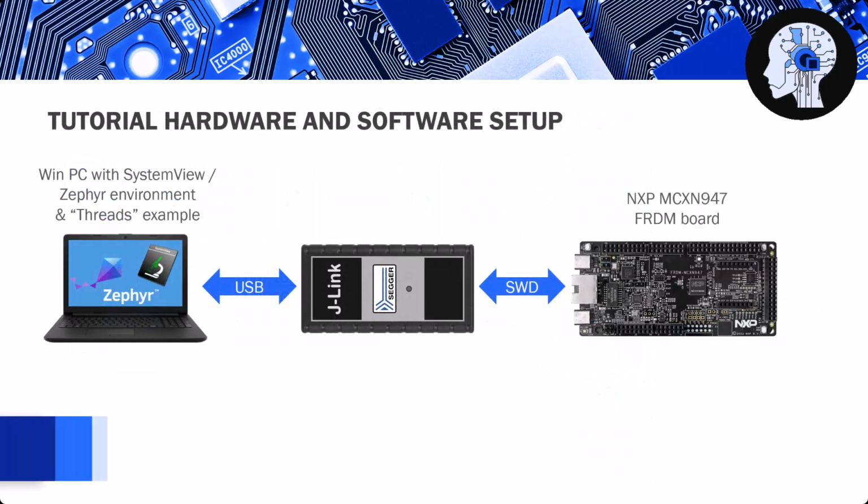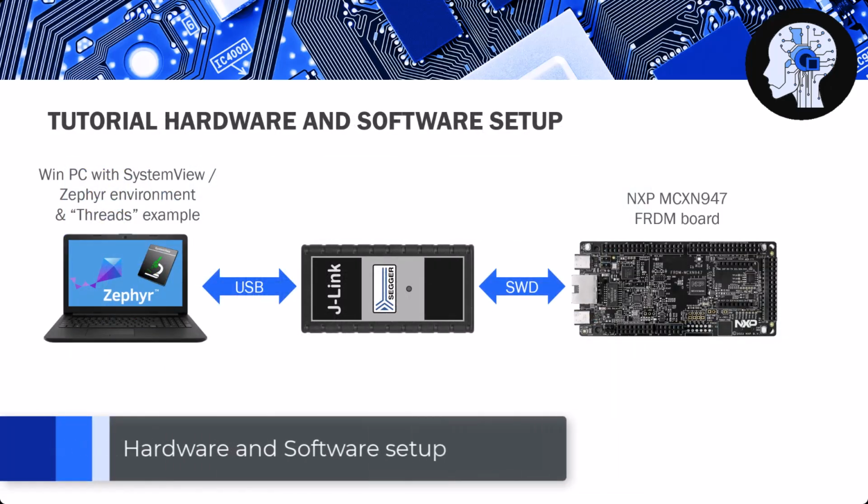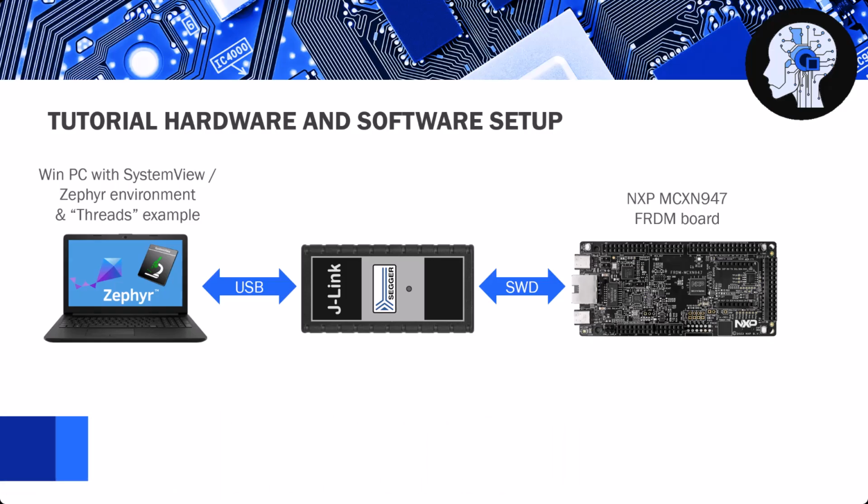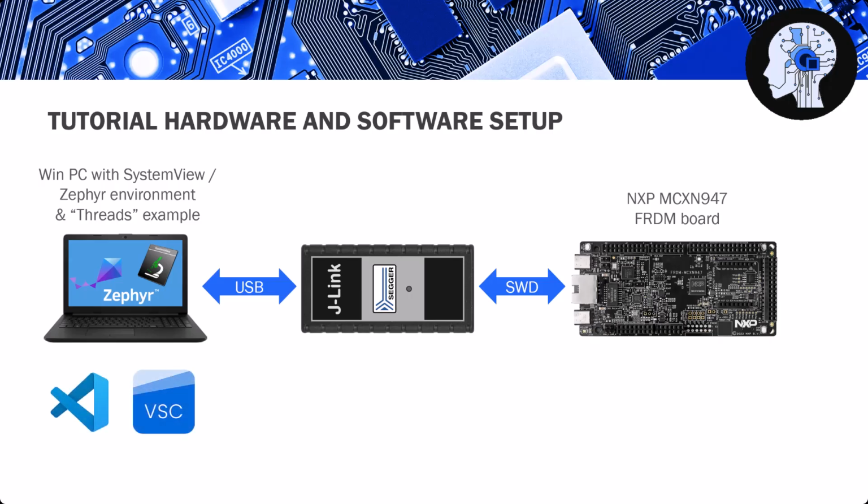For this tutorial video, I'm using an NXP MCXN947 Freedom Board that is connected to my PC via a SEGGER J-Link. As my Zephyr development environment, I'm using the NXP MCUXpresso extension for VS Code, and I'll be working with the threads example from the Zephyr repository.